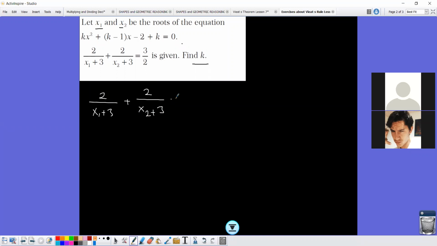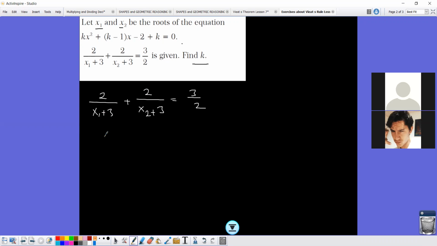2 over x1 plus 3 plus 2 over x2 plus 3 is equal to 3 over 2. If I have fractions and addition of fractions, what do I need to do first? What is my first step when we have fractions, any kind of fractions? We need to make the denominators the same.